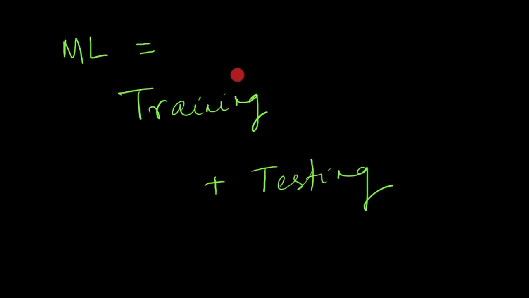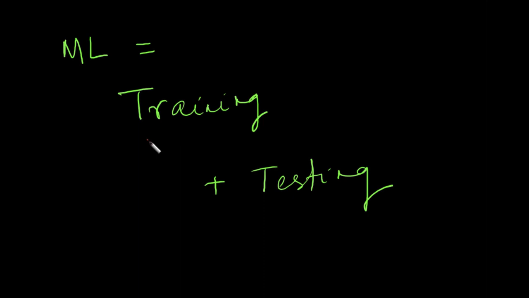And that is what your training is. Testing is once you have learned that functional relationship, you then apply it to the set of inputs in the test data and see whether your prediction matches with the corresponding outputs or not. And from there you can calculate the testing accuracy. Similarly, you could also calculate the training accuracy.